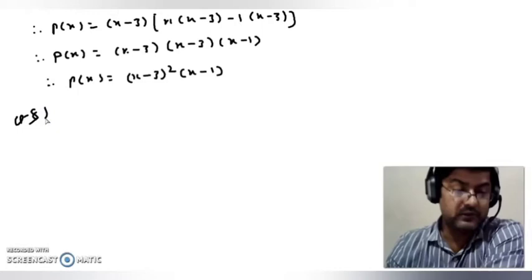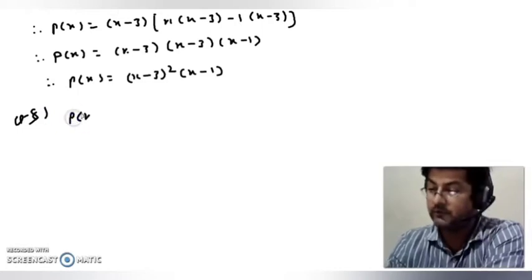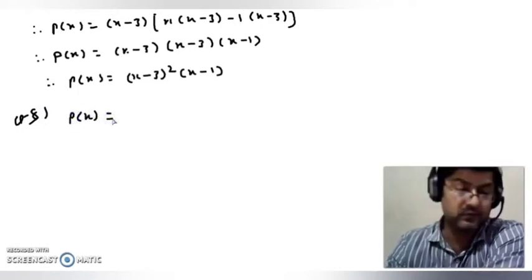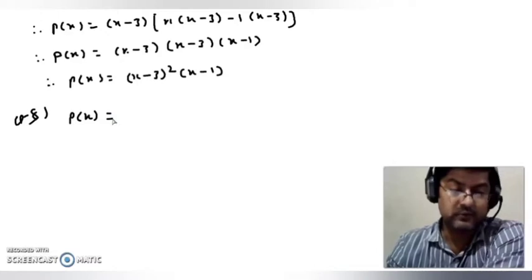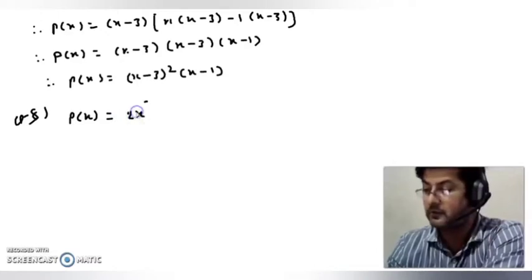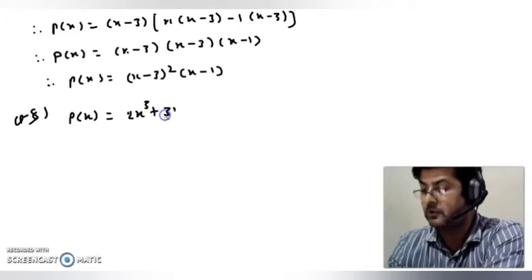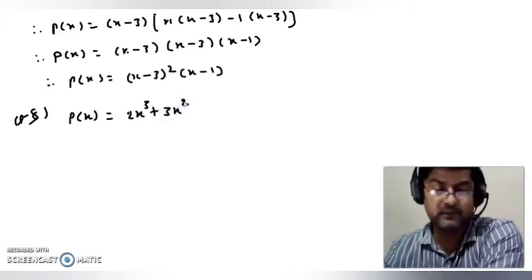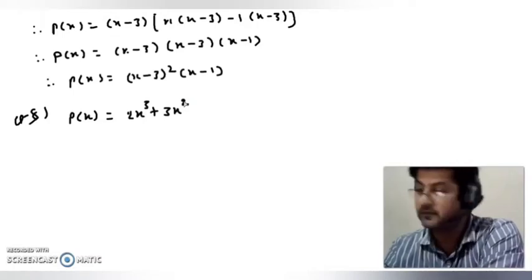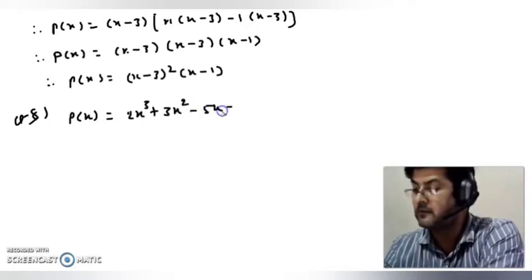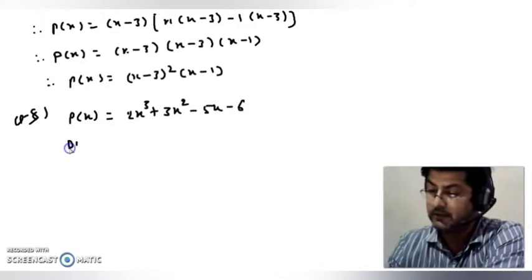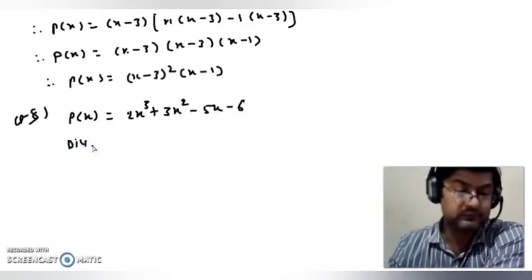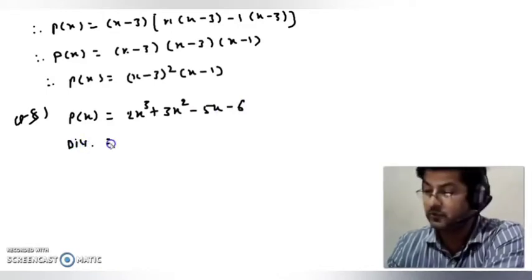In question number 8, the polynomial p of x is given to be 2x cube plus 3x square minus 5x minus 6, and the divisor is 2x minus 3.